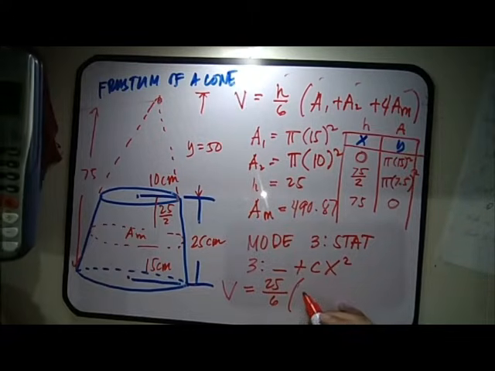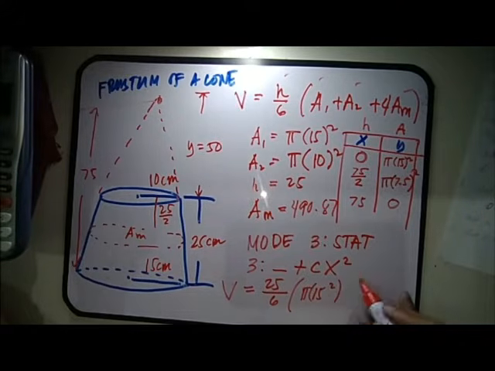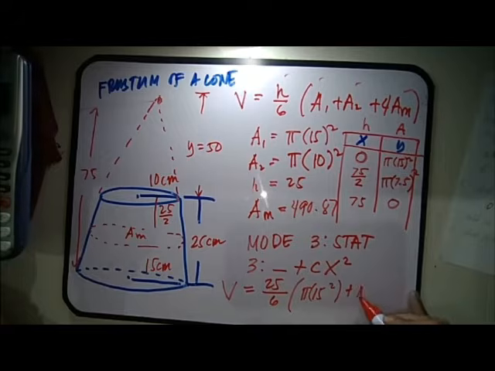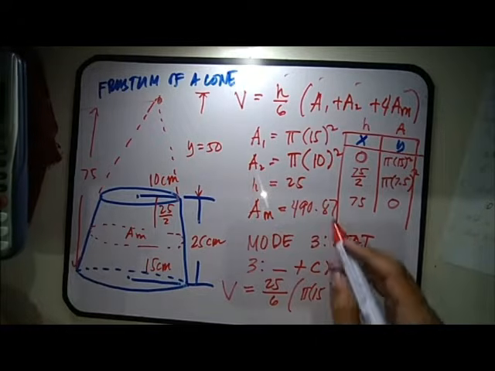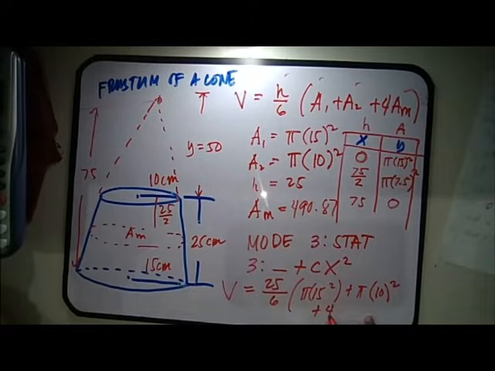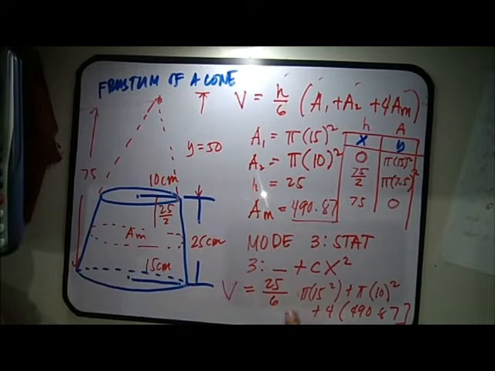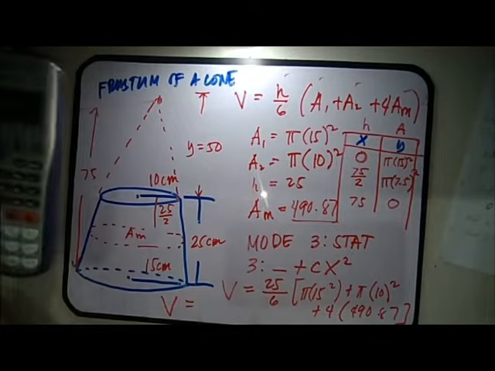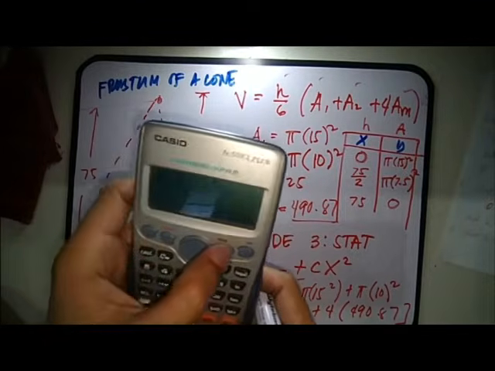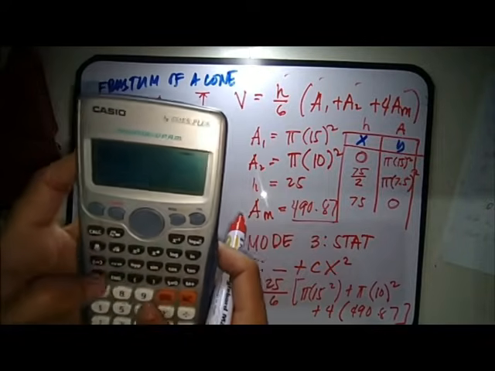So you have pi times 15 squared plus you have pi times A2, that is pi times 10 squared plus 4 times mean area, which is 490.87. So pwede natin siyang isolve. So volume equals, so mode computation muna tayo. So that is 25 over 6.